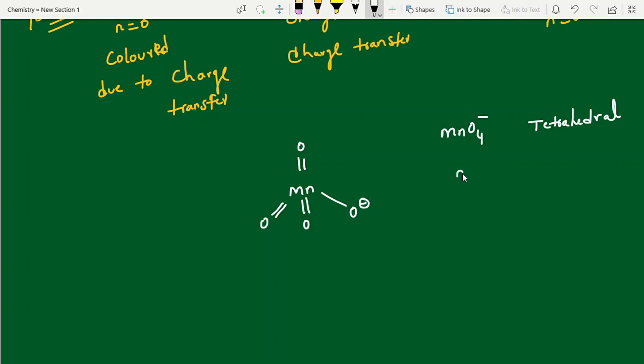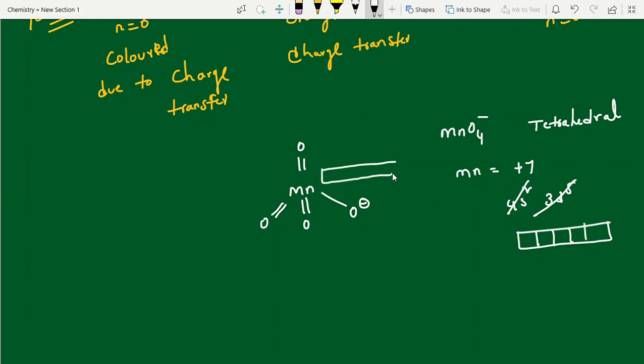Now manganese, what is the oxidation state? Plus 7. Here 4s2 3d5, so both gone. So finally the metal has vacant orbitals, 3d is there and 4s also there. Now the vacant orbitals are ready to accept electrons.